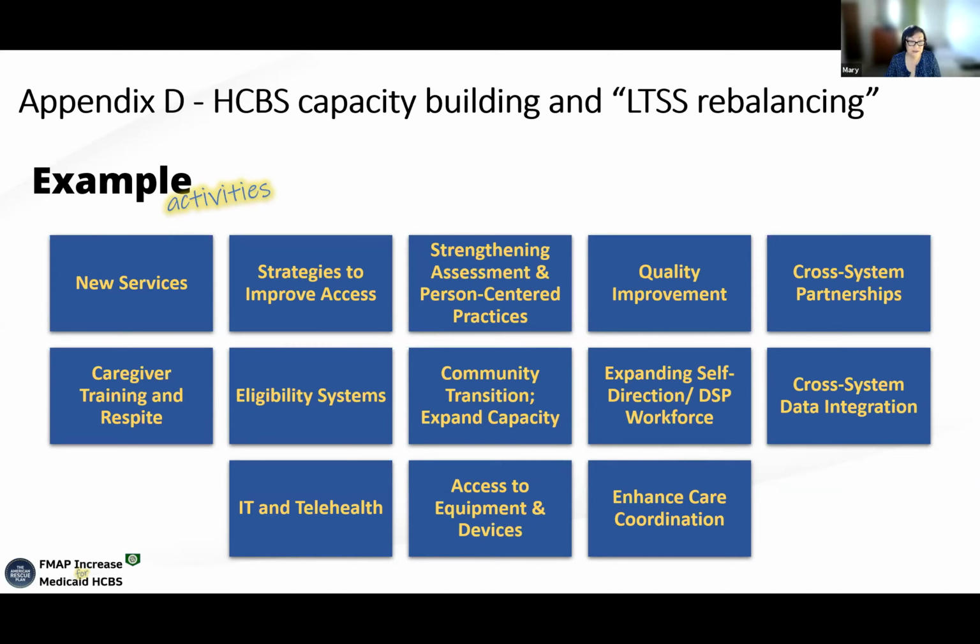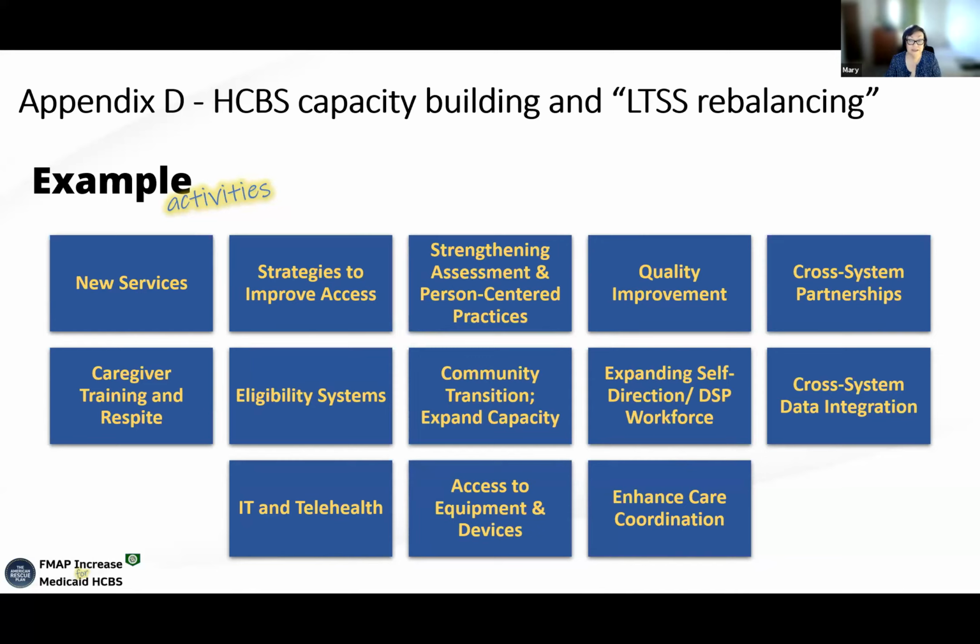The next box is really about strengthening your assessment tools and processes and advancing person-centered practices and training, which is something that might be a strategic use of these funds.